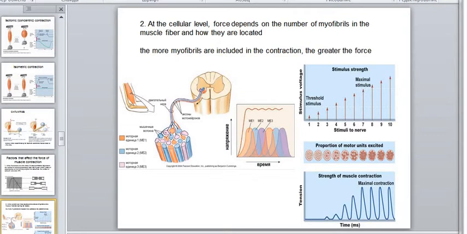Distinguish between maximum and absolute muscle force. The maximum force in the isotonic mode is determined by the maximum mass of the load that the muscles can lift, in kilos, for example. In the isometric mode, it is determined by muscle tension.